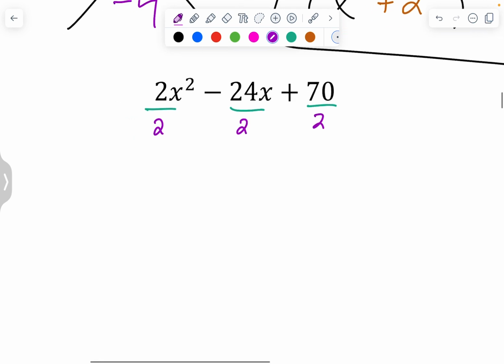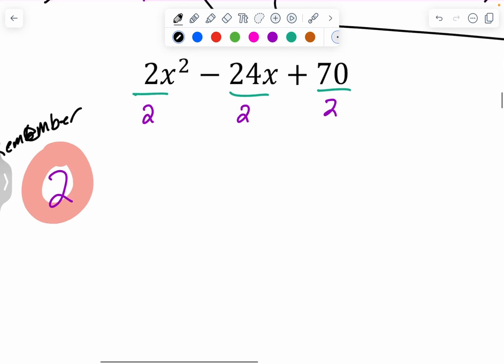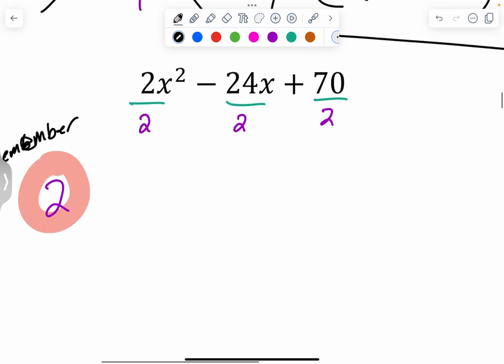Now the important part is that this greatest common factor is going to come out, but you don't want to forget it. So we're going to make a little note here that we're going to want to remember this, because if we don't put it in there, we're going to miss something important at the end. So if I divide by 2, what's left? 2x squared divided by 2 is just x squared.